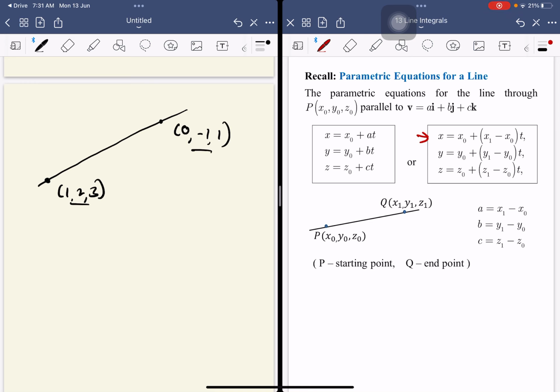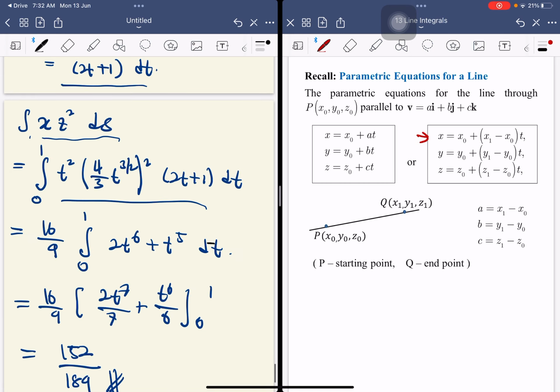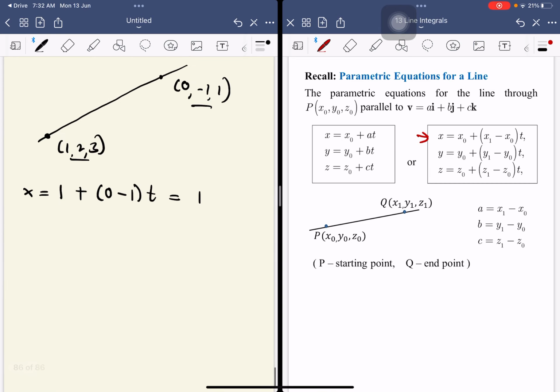So we're going to get that x is equal to, x naught is 1, plus (0 minus 1) times t. So we're going to get 1 minus t over here.